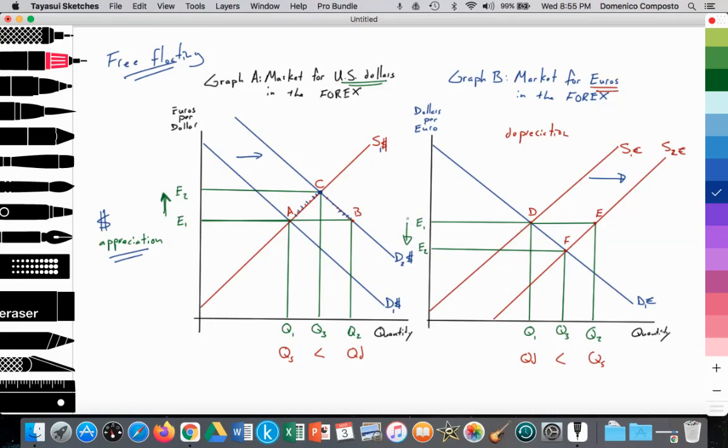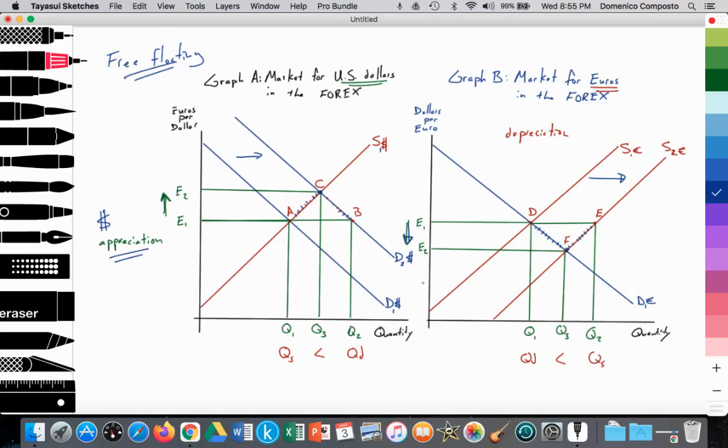That puts downward pressure on the euro, so it begins to depreciate. And as it falls, the quantity demanded increases along the demand curve from point D to F, and the quantity supplied decreases from E to F, or from Q2 to Q3, establishing a new equilibrium where S2 equals D1 with an equilibrium value at E2 and an equilibrium quantity supply and demand at Q3.